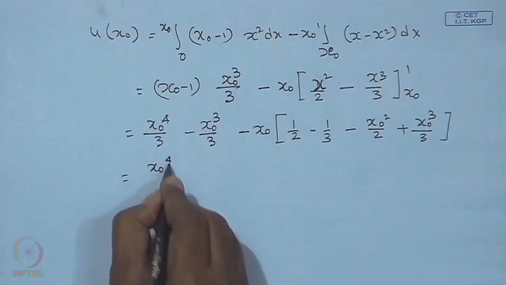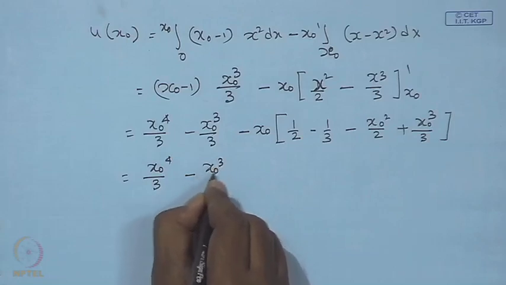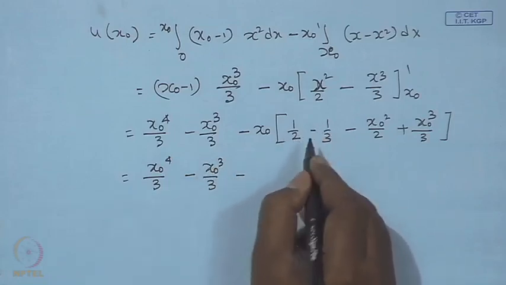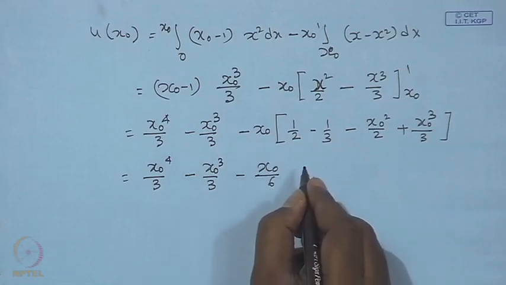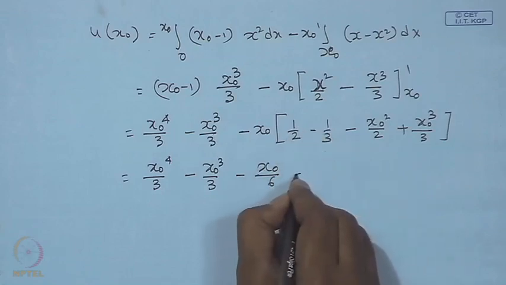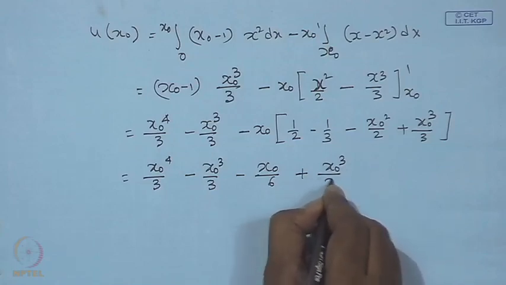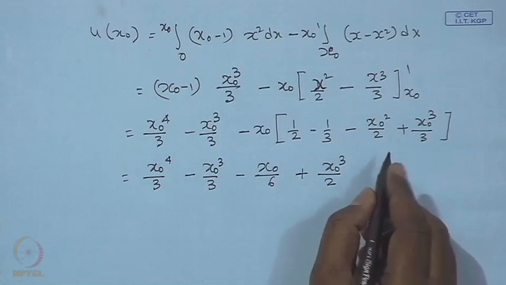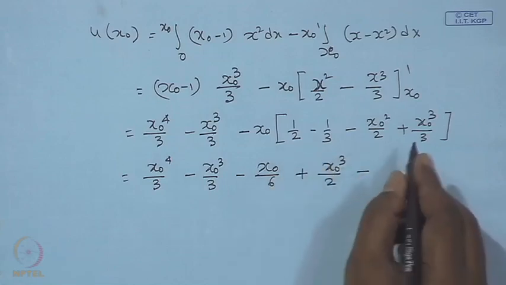So, it will be x naught to the power 4 by 3 minus x naught cube by 3 minus x naught times 1 by 2 minus 1 upon 3, it will be 1 upon 6. So, x naught by 6, okay, this is fine, minus minus plus x naught cube by 2, and this will be minus plus minus.